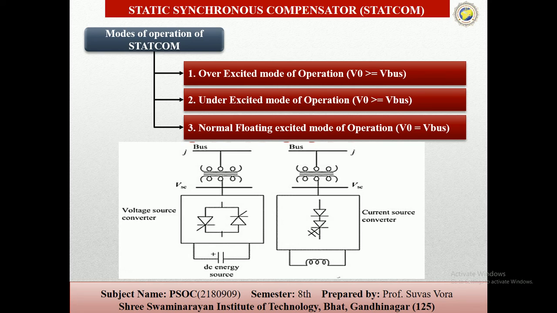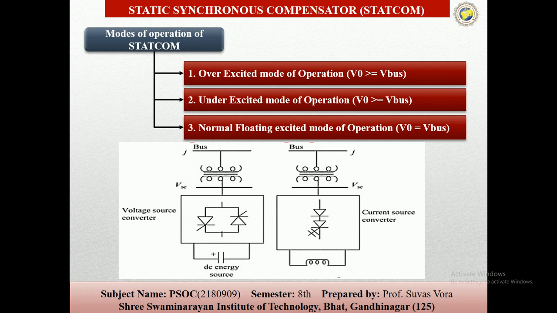In the first mode the output voltage is increased above the AC system voltage and the current flows from the STATCOM to the AC system. In the under excitation mode, the output voltage is decreased below that of the AC system, and the current flows from the AC system to the STATCOM. That is, in over excited mode there will be more current flow, and in under excited mode it will be low, that is, it will decrease.